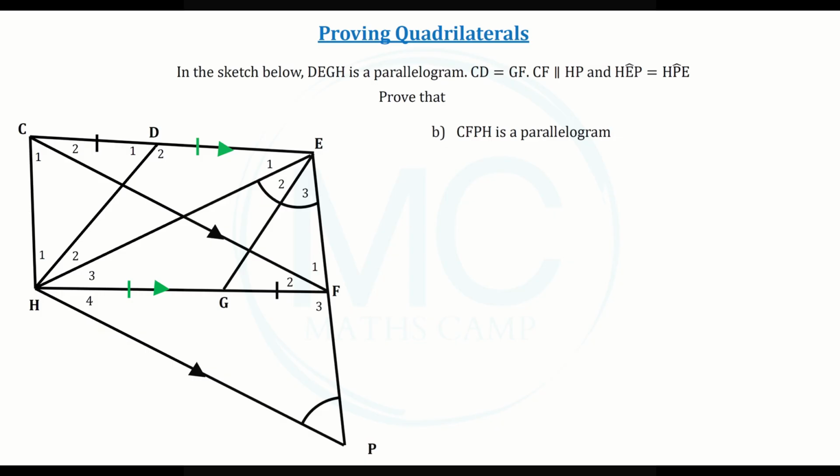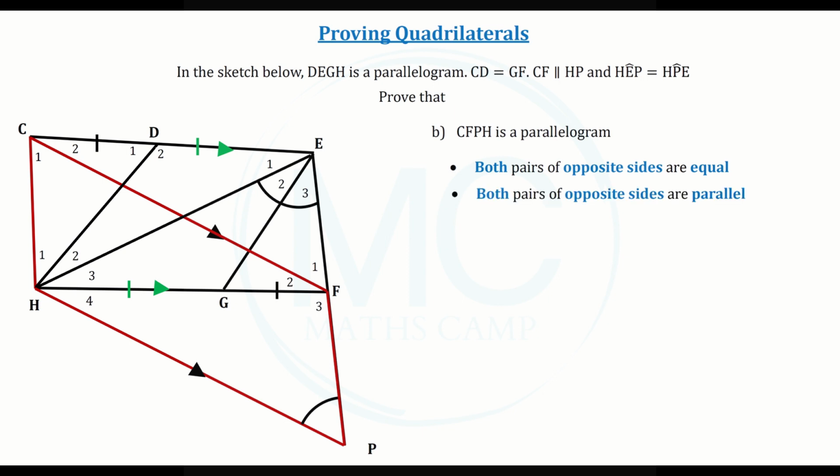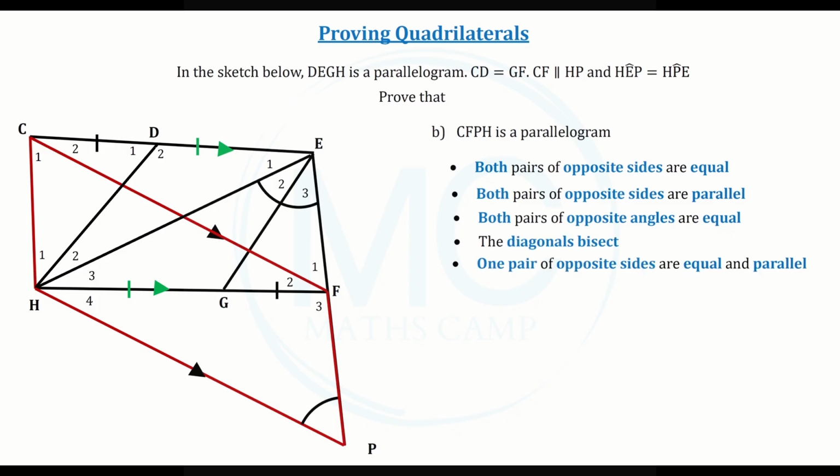Prove that CFPH is a parallelogram. Let's make it red. To prove a parallelogram, we need to prove that both pairs of opposite sides are equal, or that both pairs of opposite sides are parallel, or we can prove that both pairs of opposite angles are equal, or that the diagonals bisect, or we can prove that one pair of opposite sides are equal and parallel.